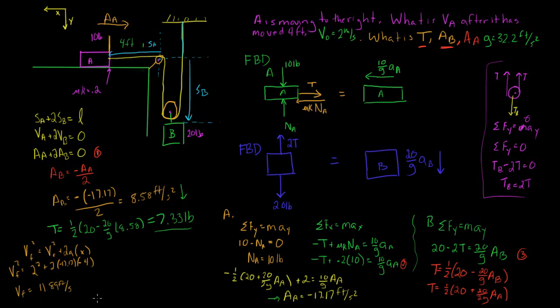Now, you have to remember this square right here, so our final velocity is going to be equal to the square root of 4 plus 137.36.